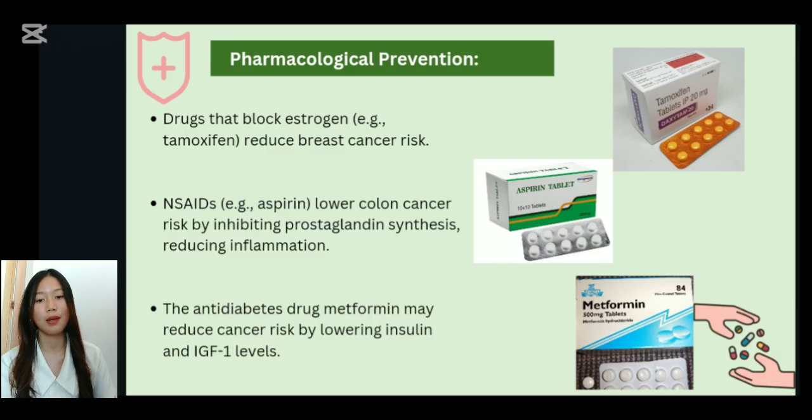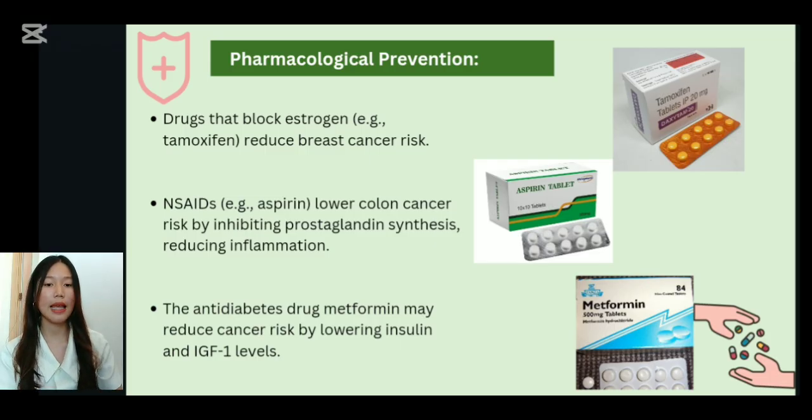So that is the drug for breast cancer. Next are NSAIDs, like aspirin, which reduce colon cancer risk by lowering inflammation, inhibiting prostaglandin synthesis. So those are the drugs.